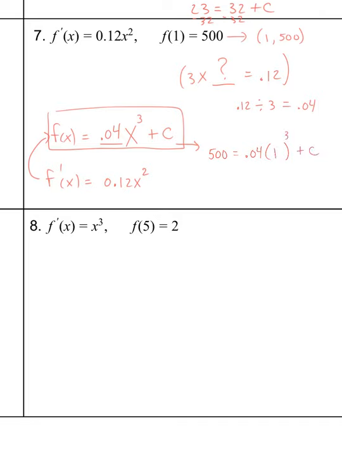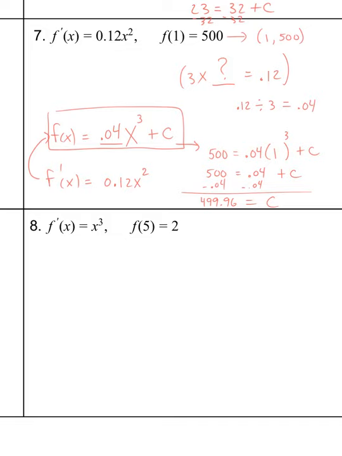Now we just solve for c. 500 is equal to 0.04 plus c, because we know 1 to the 3rd is 1, and now we just subtract off 0.04. So that's going to be a funny looking c. So c is equal to 499.96. There's our c.